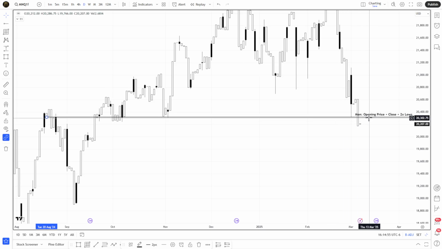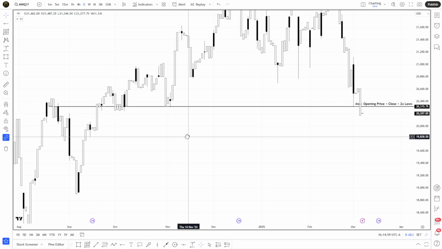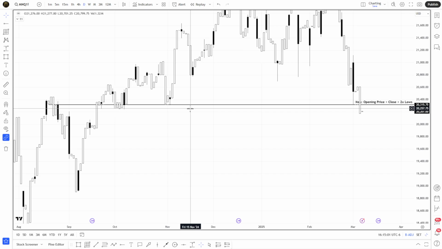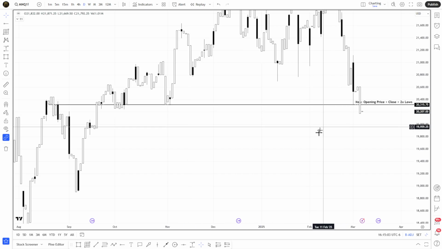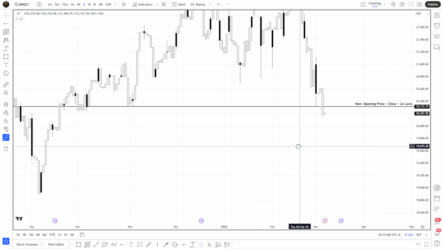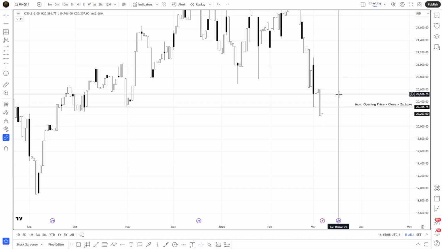And so I really need to watch price action around it. Kind of moving down, I'm still expecting a bearish order flow. Here's Monday close. This is all balanced right in here.